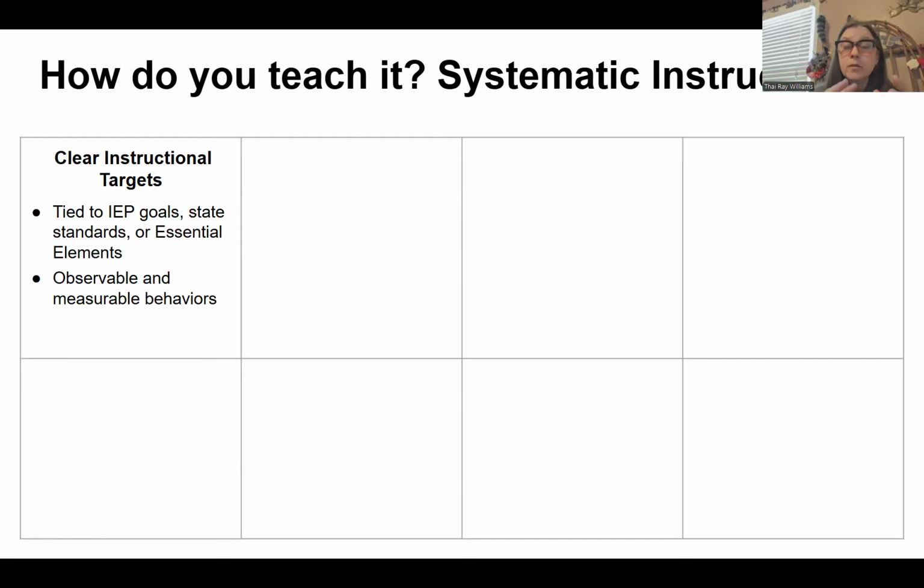And for our students, it would be tied to the essential elements, not necessarily a state standard, unless they were working in, say, math on the state standard, but then in reading, they were working on the essential elements. And that target has to be observable and measurable. That is review for you all. And if it's not, reach out and let me know.